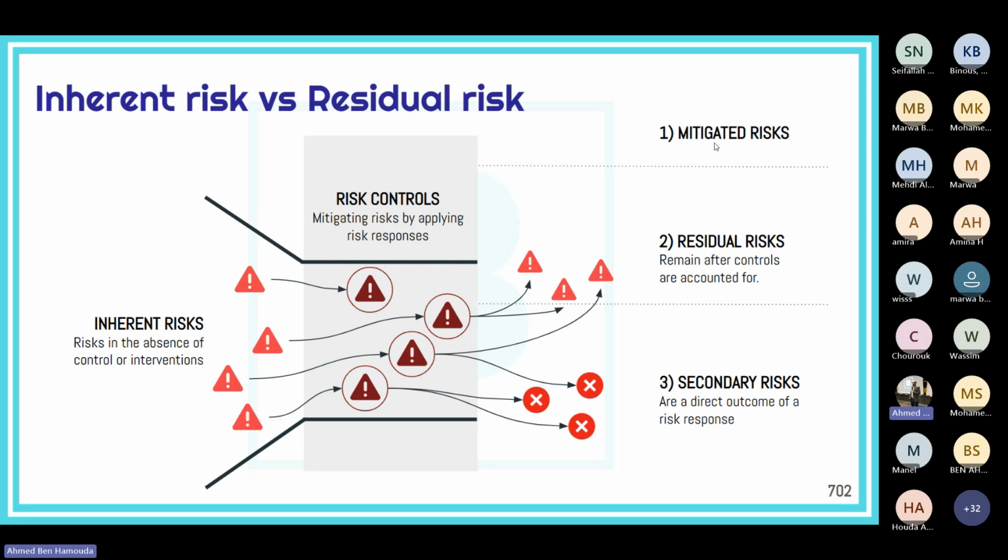Or we can have some residual risks. The residual risks are quite important, and we'll have several questions on the RMP exam about them. Residual risks are risks that remain even after the controls have been applied. So they remain, they're residual, they don't go away.